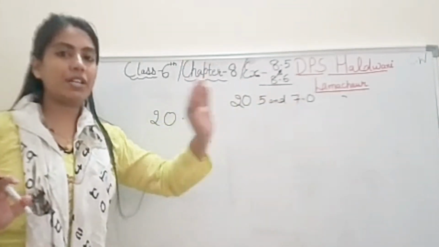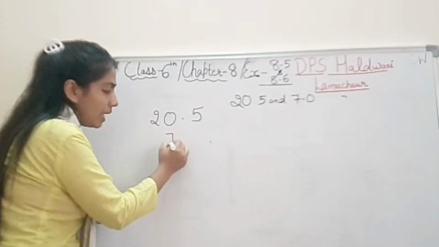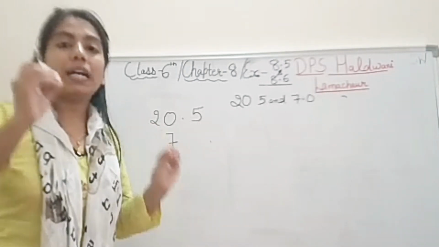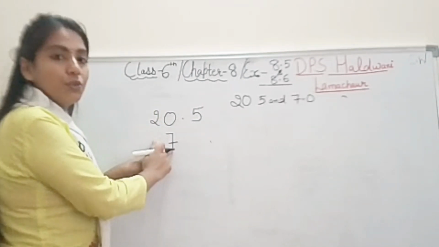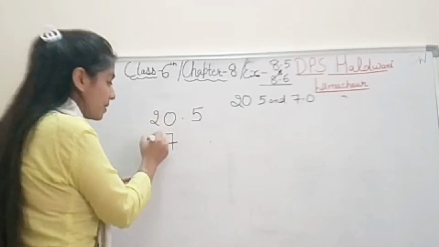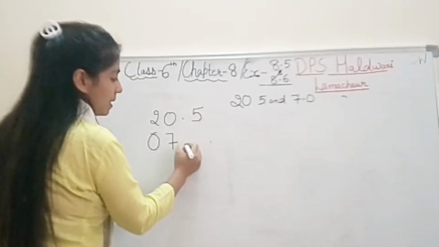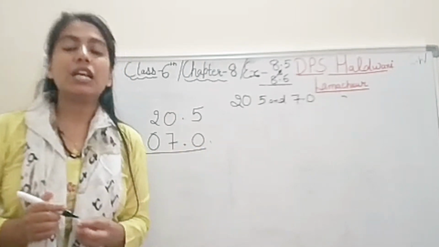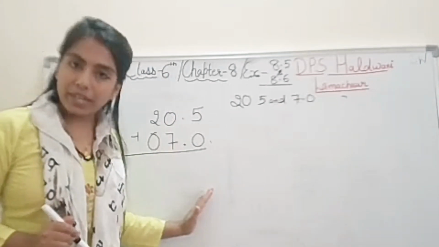Now 7 is a whole number, so 7 will not go under 2. 7 will go under 0, because we always start writing the number from the right hand side. 7 becomes 7 only, and you put 0 in front of it. The decimal part is there, and after the decimal there is 0. So after that we will add. You have to be vigilant that you write the right term for that.